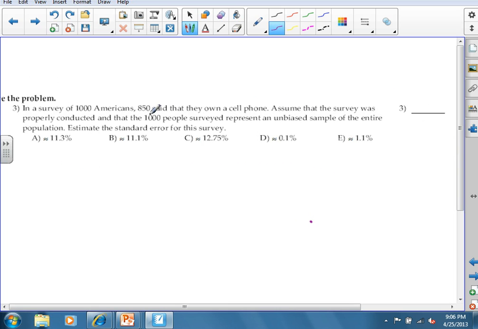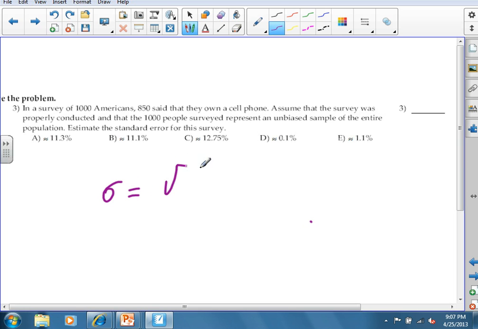What's going on? Unbiased sample of the entire set. Estimate the standard error of the survey. Standard error of the survey. All right. Standard error of the survey.